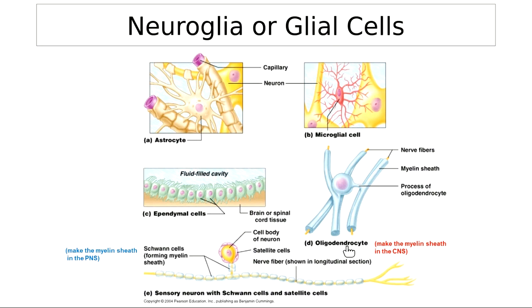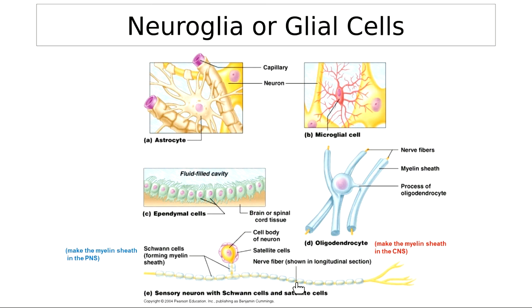Now we're going to see that there are gaps in between. So here are the wrappings of these oligodendrocytes forming the myelin sheath, and there are little gaps in between. It says the gaps in between the wrappings of oligodendrocytes are called neurofibril nodes. That's what they're called. I don't have it written down here, but neurofibril nodes, or the nodes of Ranvier.